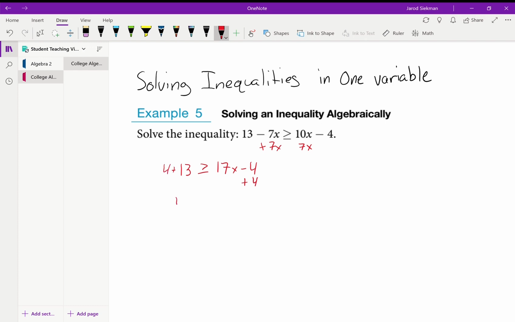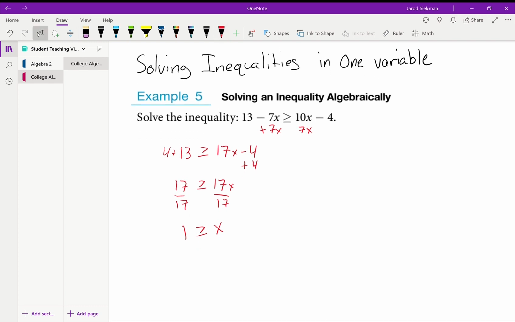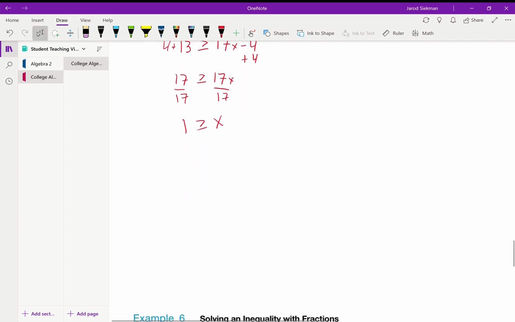And that'll get us 17 is greater than or equal to 17x. And one final step when we're solving for x, we want to divide any coefficients. So 17 divided by 17, and that is 1, and that's greater than or equal to x. Alright, so that's solving inequalities in one variable.